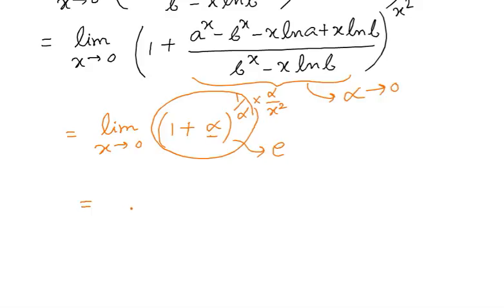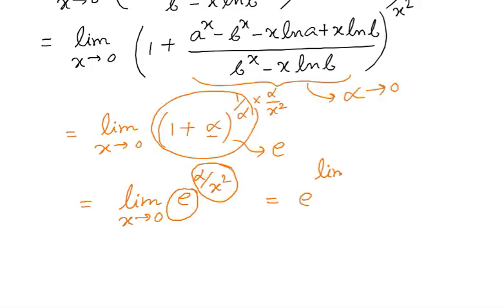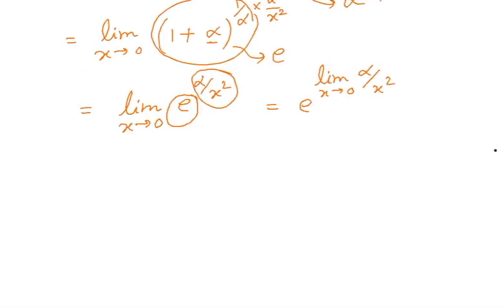So the limit can be easily written as limit x tends to 0, e to the power alpha by x square. Since the base is tending to e, we'll be interested in taking the limiting value of the exponent. So in the next step we can write it as e to the power limit x tends to 0 of alpha by x square. Now, let us come back to our original definition of alpha.